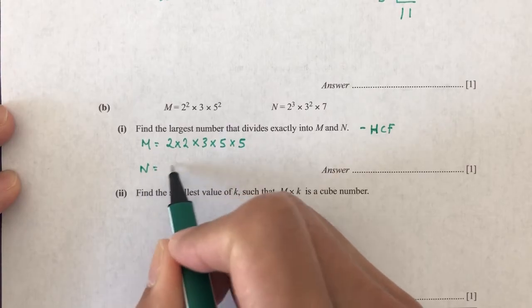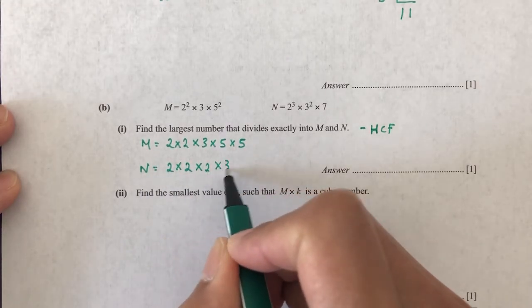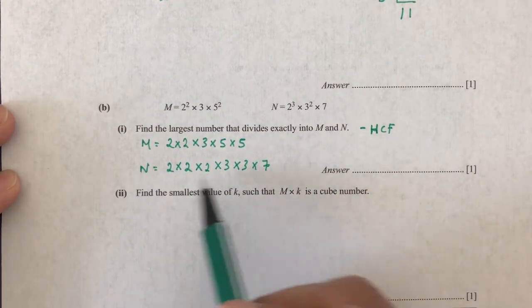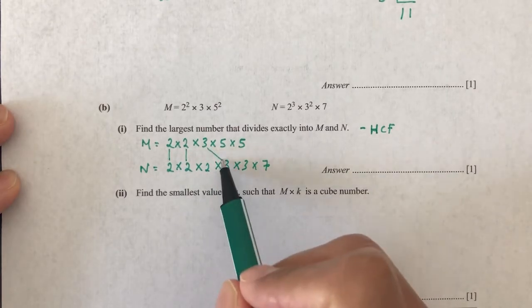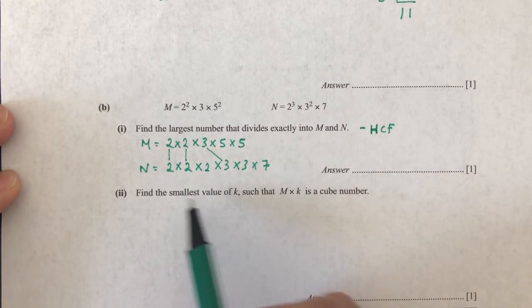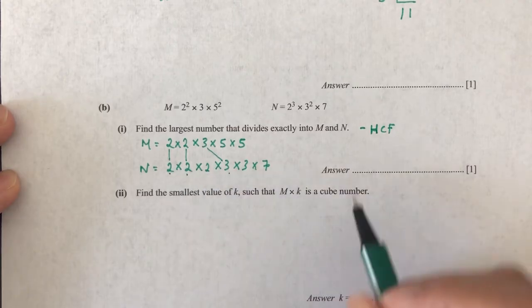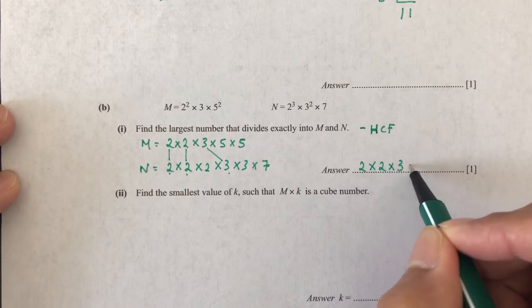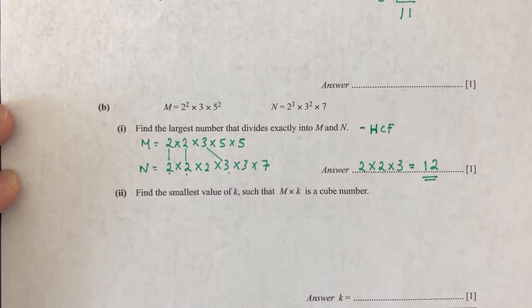And we have n equal to 2 times 2 times 2 times 3 times 3 times 7. So let's find the pairs. So this is 1 pair, 2 pair, 3 pair, and that's it. So the highest common factor is 2 times 2 times 3, which is 12. So the answer for this part is 12.